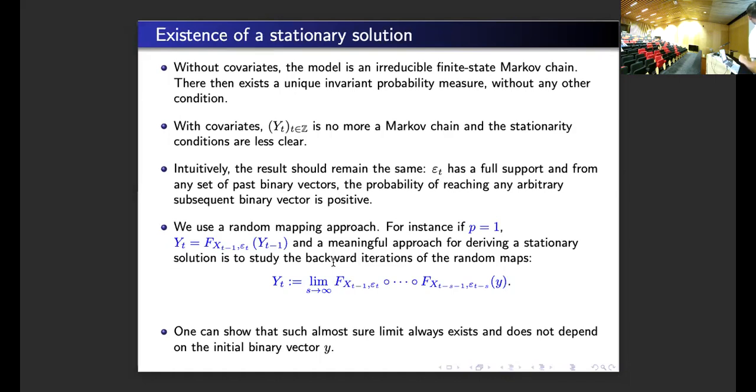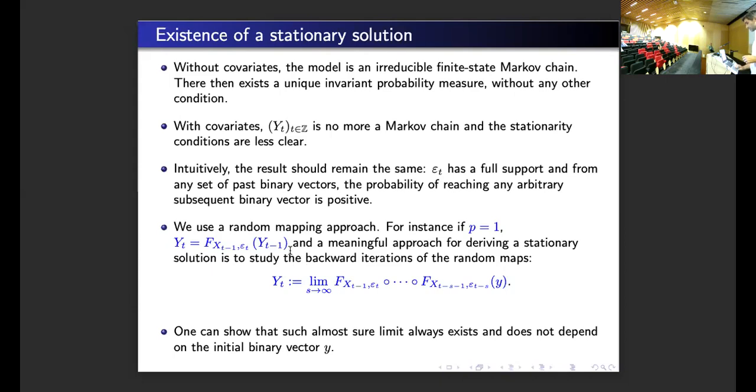It's a bit more tricky if you put some covariates inside, but intuitively the result should remain the same for the following reason. Since epsilon_t is always independent of the past information, whatever happened in the past, the probability of reaching an arbitrary vector of binary values is always positive, and then we should have exactly the same kind of recurrence property.